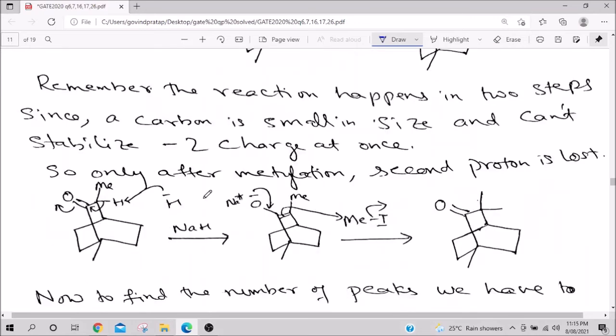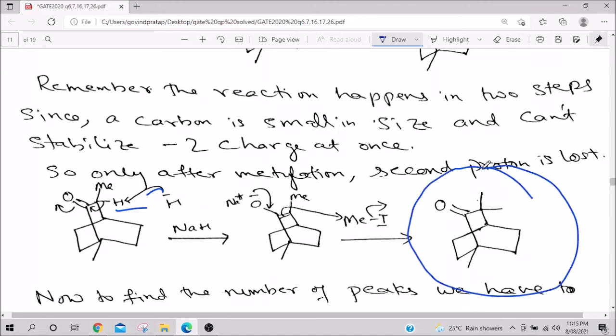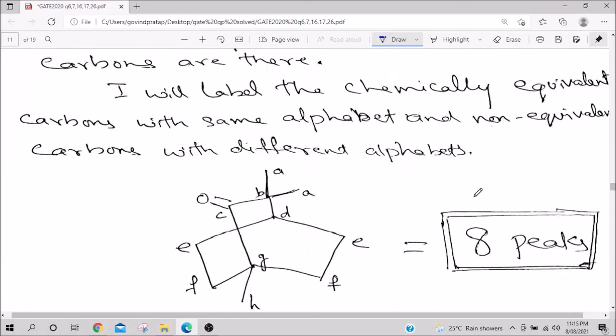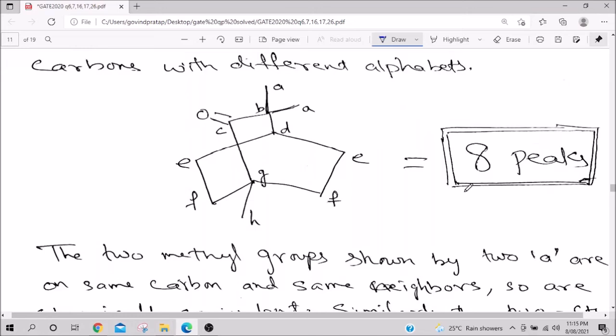methyl here. Second step, again this proton is taken away by another molecule and you are getting this. So, this is P, and now we have to tell how many peaks it will show in carbon 13 NMR. Carbon 13 NMR basically shows how many chemically different carbons are there.